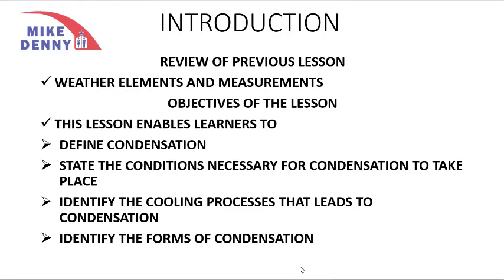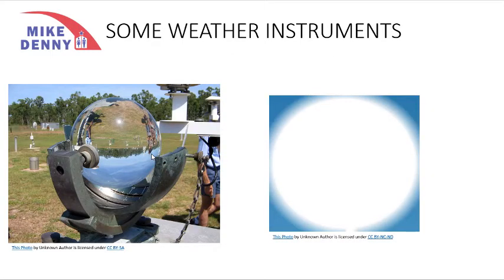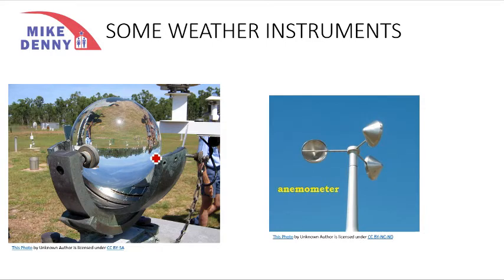So we have quite a lot to do as far as that is concerned. This is part of our work of the last class, and you know very well that this is a sunshine recorder, or what is called a sundial. And here we have an anemometer, which is an instrument with cups designed to measure the speed of wind, that is the wind speed.